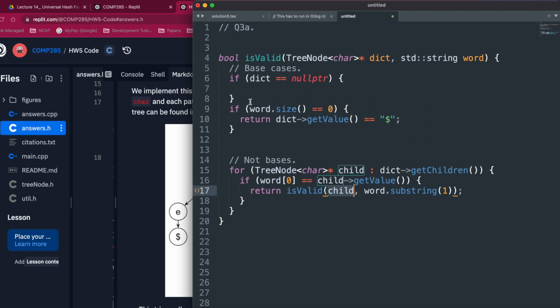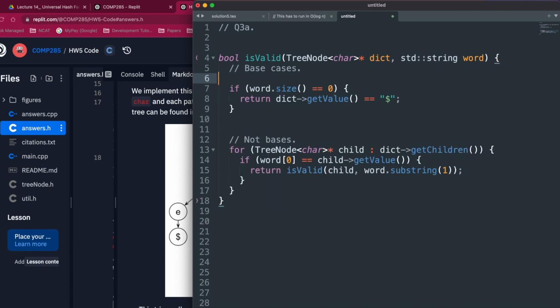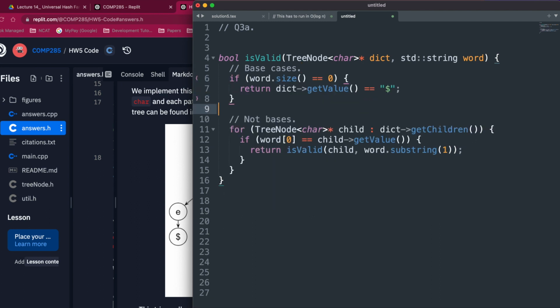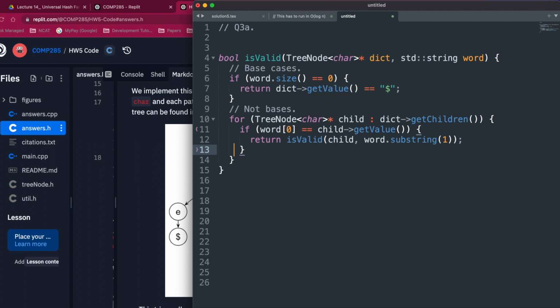So I don't believe you have to worry about this. But you do have to worry about the case where you finish doing all of this, the word size is not 0, you look through all the children, and none of the children matched, in which case you simply return false.